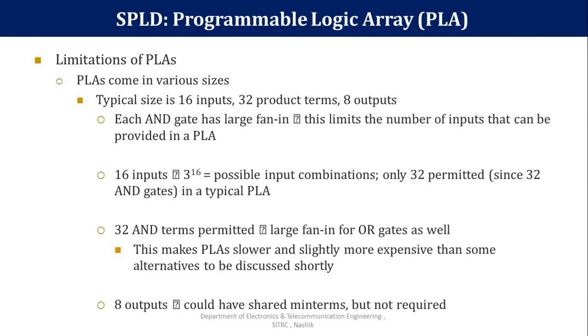As 32 product terms are generated, large fan-in for the OR gates is required. Hence, it makes the PLA slower and slightly more expensive than some other alternatives. The 8 outputs which are generated could share the min terms, but it is not required.